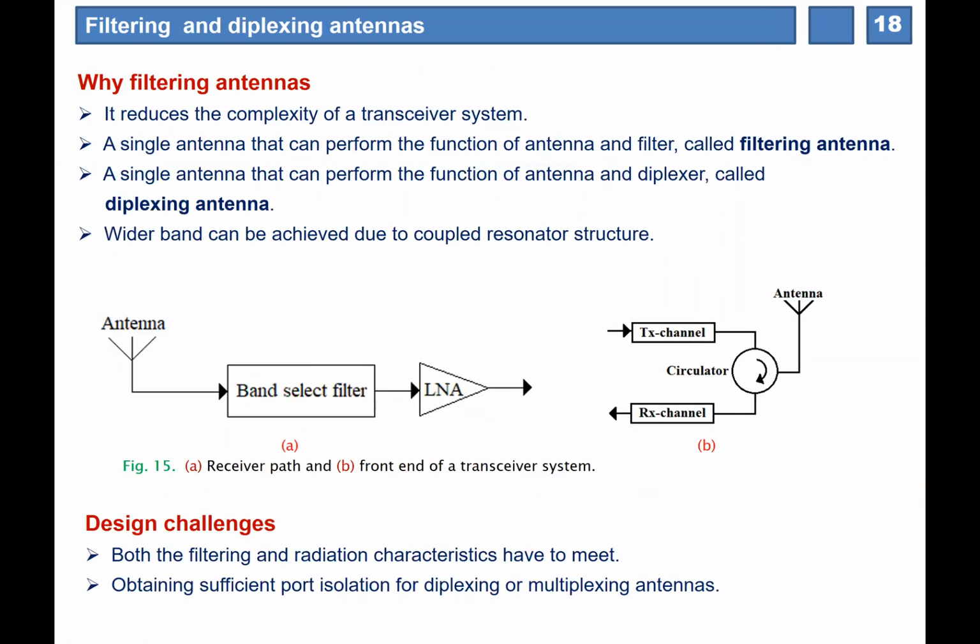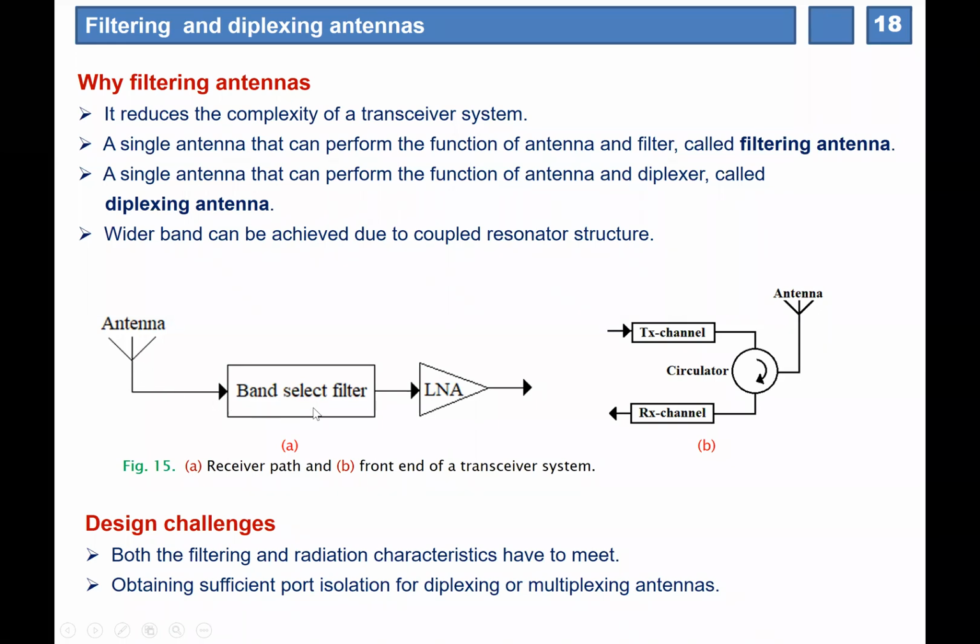Now, the next topic is filtering antennas. So why do we need a filtering antenna? A filtering antenna means an antenna that actually has some filtering property. If you have a look at the transceiver architecture, you will see that there is one antenna, then the next one is a band select filter for the receiver. So these two are 2 different passive components, antenna and filter.